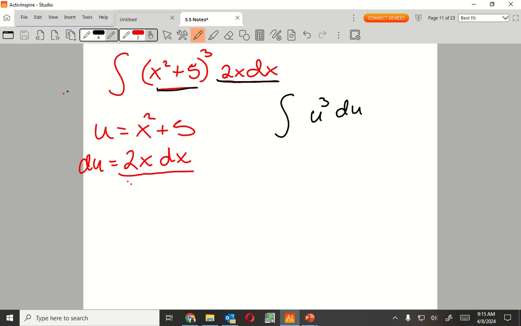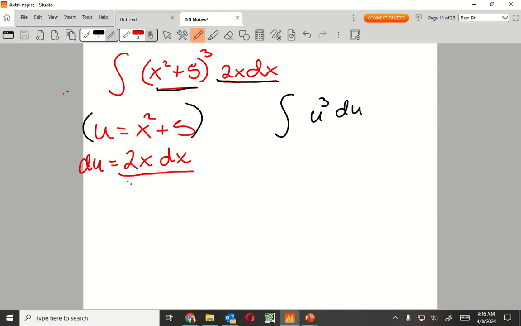Because using u substitution, I had to change it from a dx to a du, because I'm now taking the integration in terms of u. If there were any other x's left over, I would have to rewrite this using substitution to try and get an x by itself.